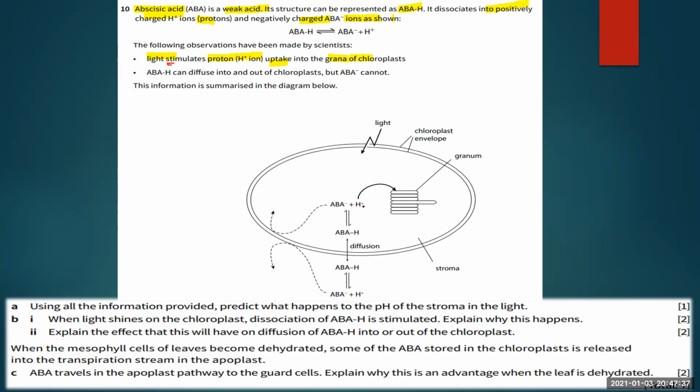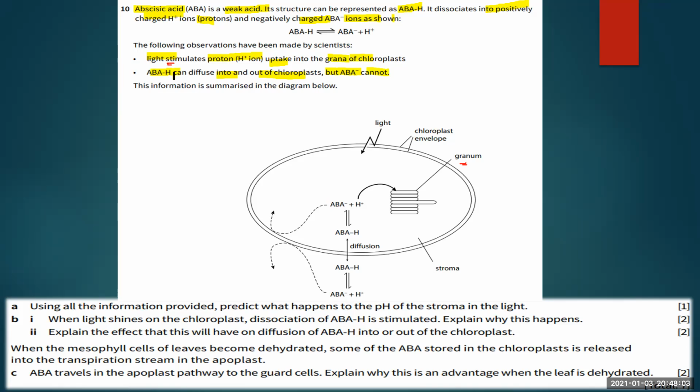So we just discussed that ABAH dissociates into hydrogen ions and ABA negative ions. So light causes this grana to uptake hydrogen, right? Okay, and what else happens is that ABAH can diffuse into and out of the chloroplast, but ABA, a negative ion, cannot, right?